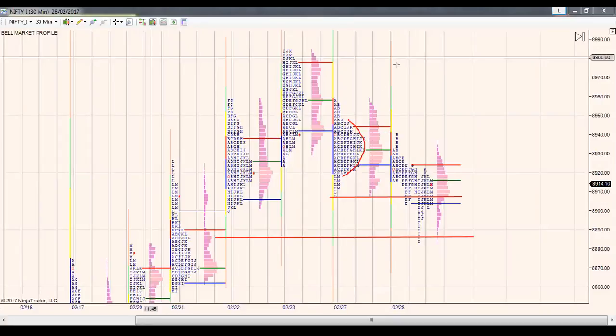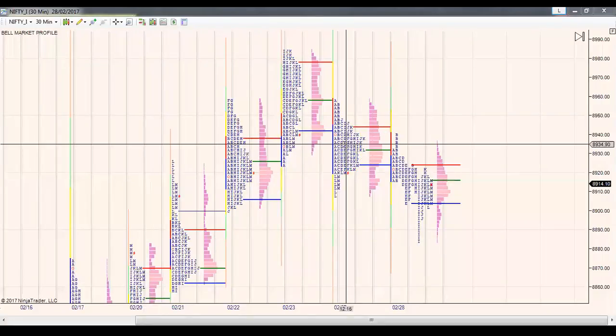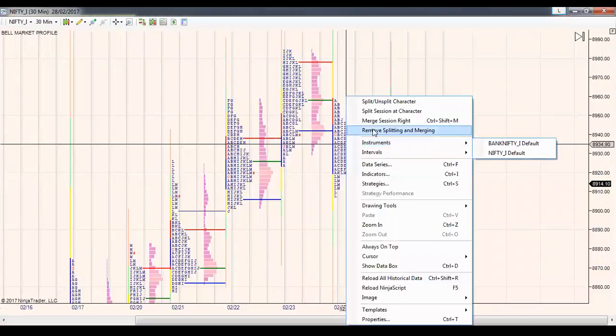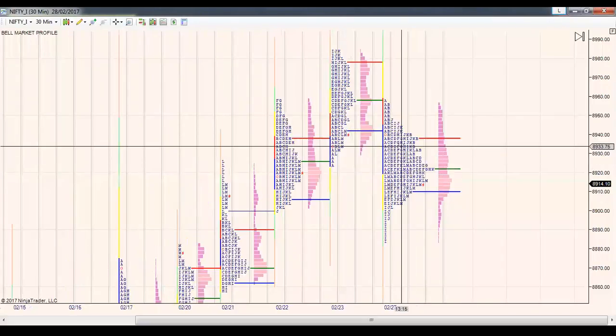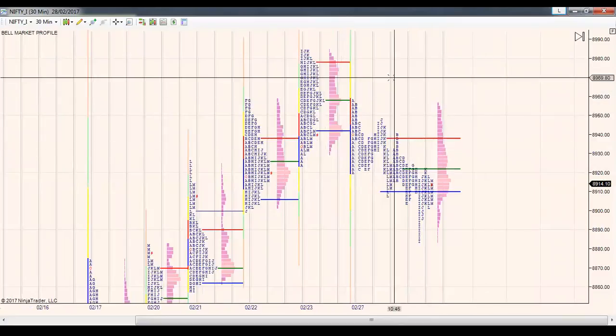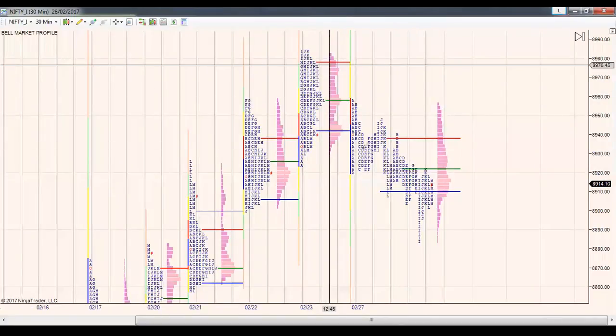But as mentioned in yesterday's post blog, I was talking about this Q shape developing. So this was one distribution, this was another distribution, and then we broke away from this distribution.